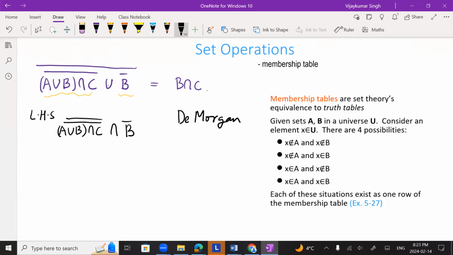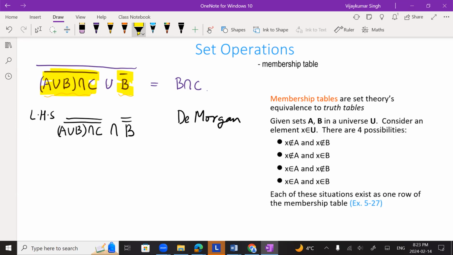Intersection B bar bar. Do you agree with this? This is two blocks, right? You have block one union block two, complement is what? Block one complement, intersection, block two complement. Yeah, is that okay?